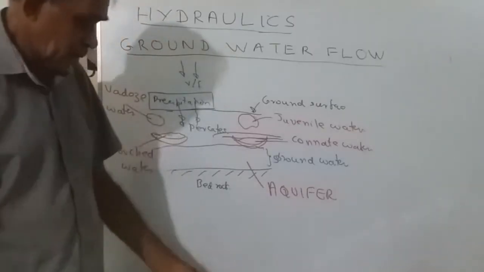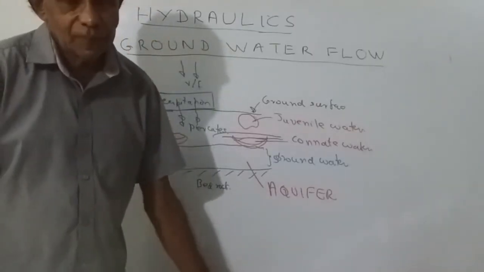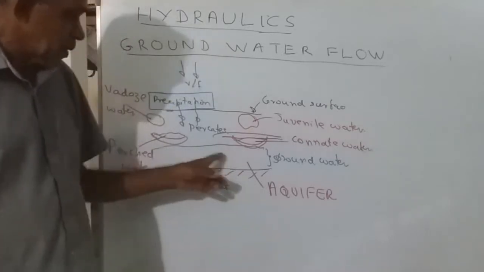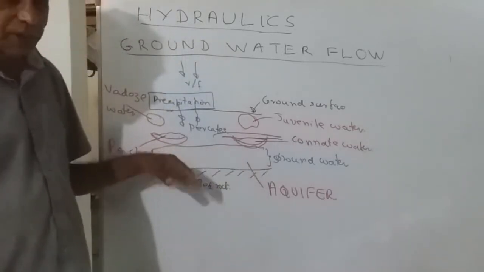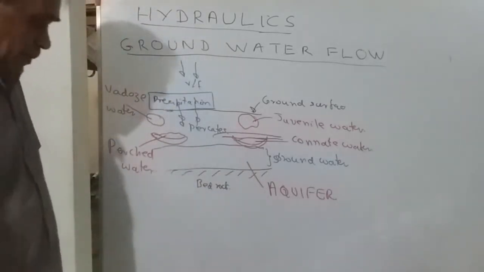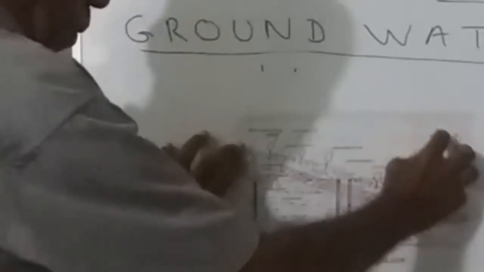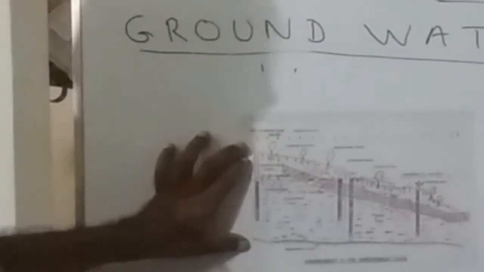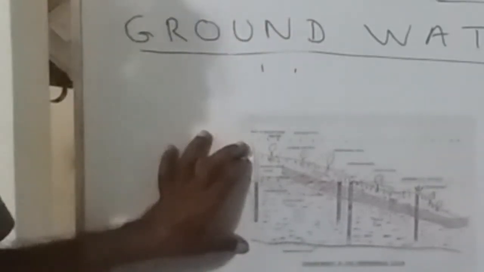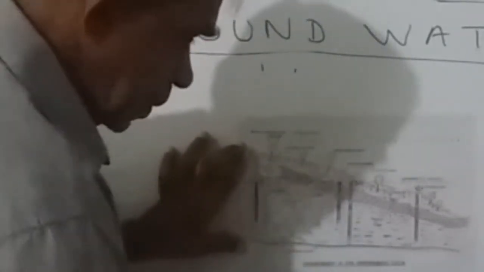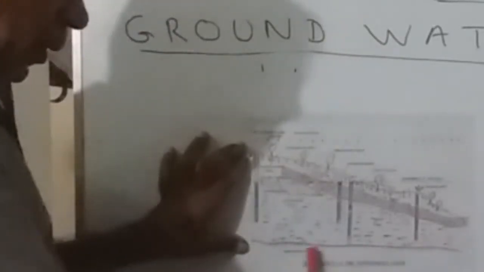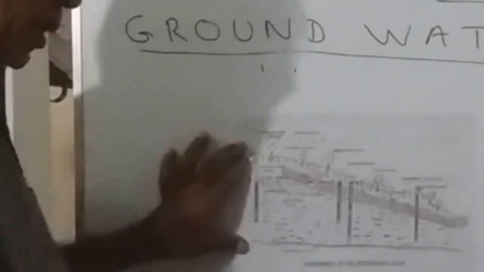Now, dealing with the aquifer. An aquifer is water-bearing strata, and we can get on to another diagram now. Consider this diagram. This is the bedrock or impervious bottom layer.